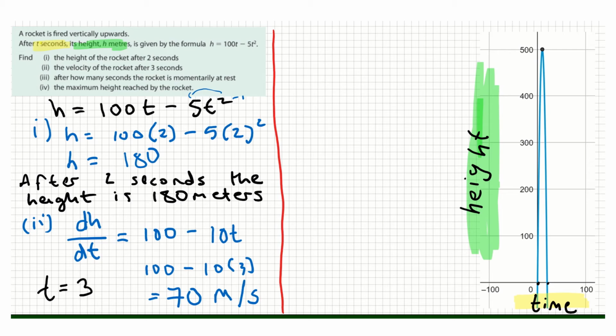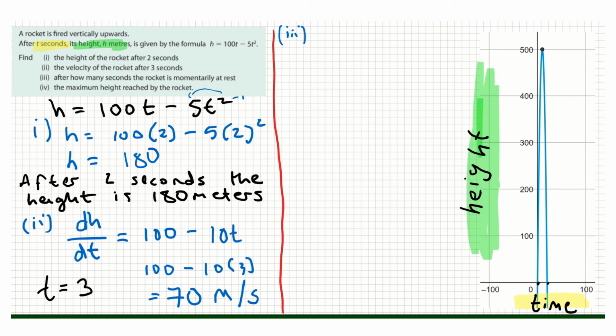Part 3. After how many seconds is the rocket momentarily at rest? So looking at the graph again, the rocket's fired up, it reaches a high point of 500 meters. It's momentarily at rest then. You could take a guess when you know that the whole process takes 20 seconds.